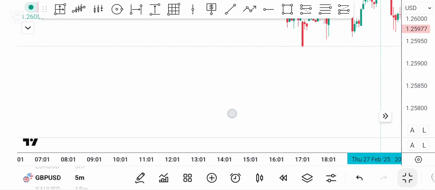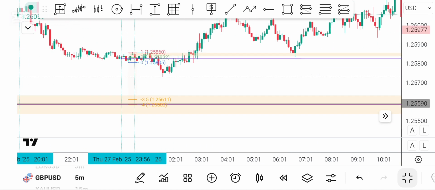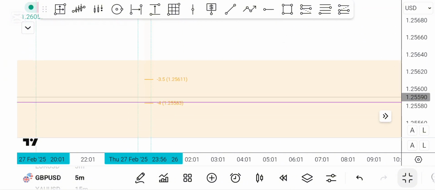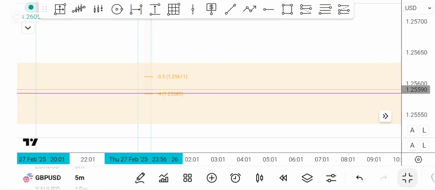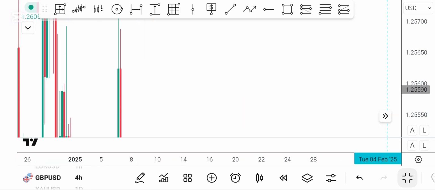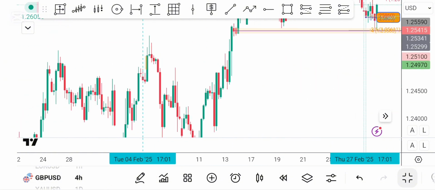Okay, now watch. You will bear with me that the market actually traded into the 4-hour bullish order block. You remember this orange box, right? Let's go back to the 4-hour time frame. You remember that this is the bullish order block that I showed you before we started the video.